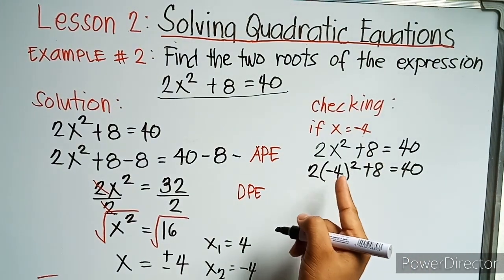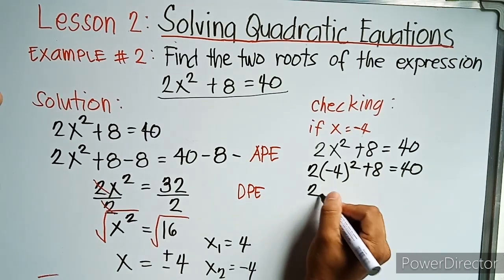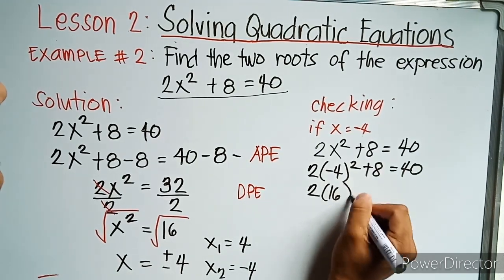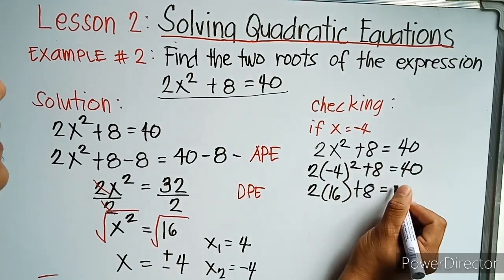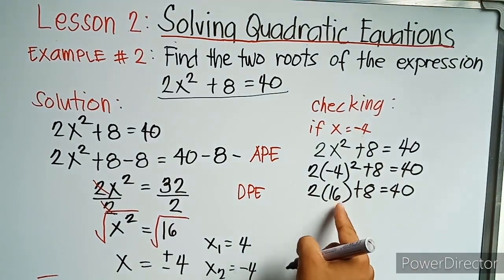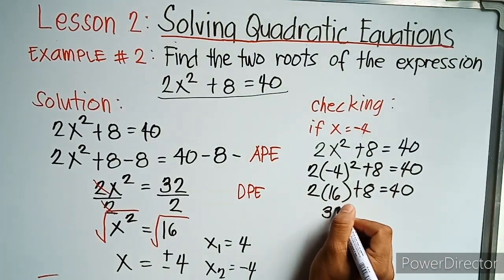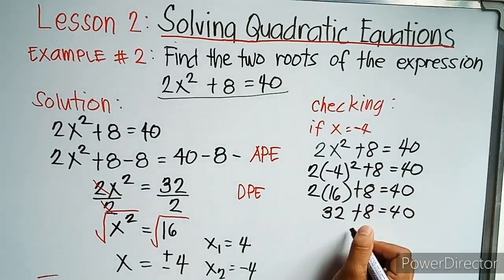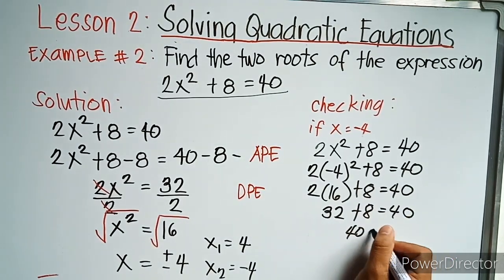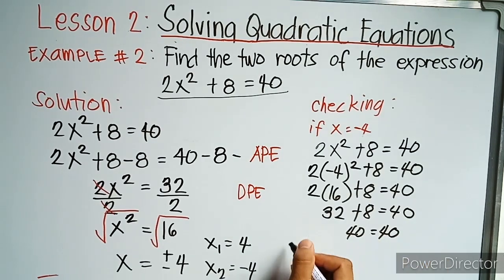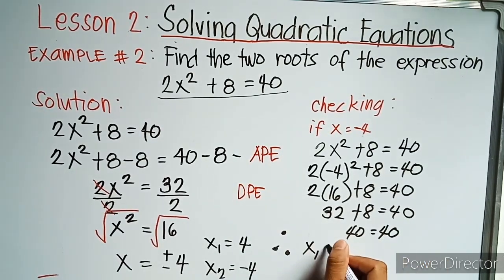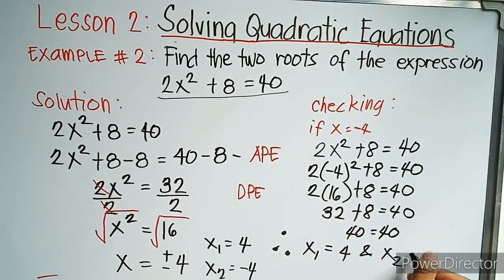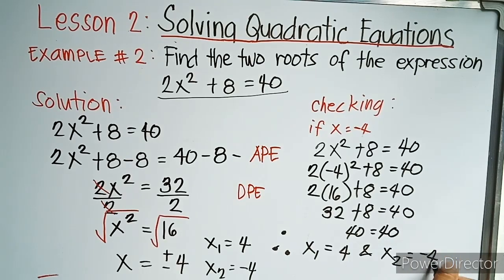Negative 4 times negative 4, that is positive 16. So, 2 times 16 plus 8 equals 40. 2 times 16, that is 32 plus 8 equals 40. 32 plus 8 is 40 equals 40. So, therefore, x sub 1 equals 4 and x sub 2 equals negative 4.